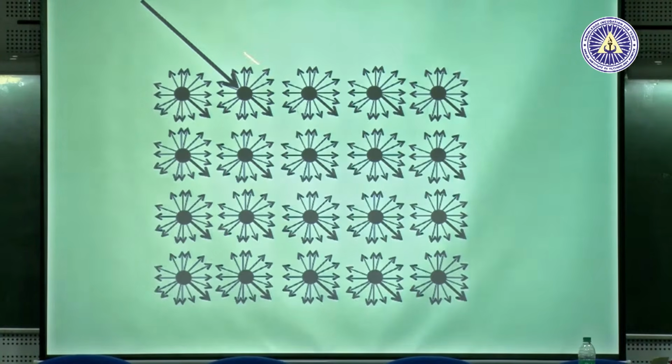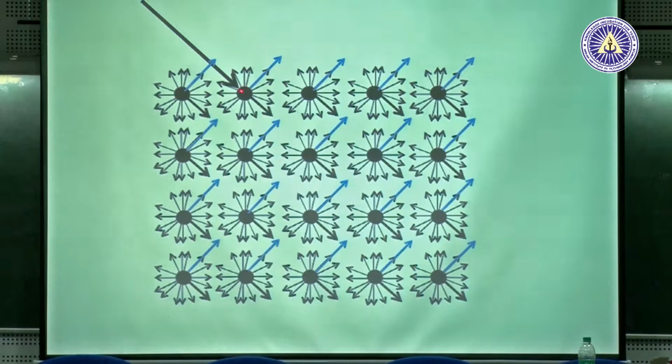Similarly, all the atoms receive this X-ray. I have not shown this line for all the atoms, but all the atoms are receiving and scattering. Then you can pick and choose a certain direction, the blue direction here, and see whether the X-rays coming from atom 1 and atom 2 in the blue direction are reinforcing or not.